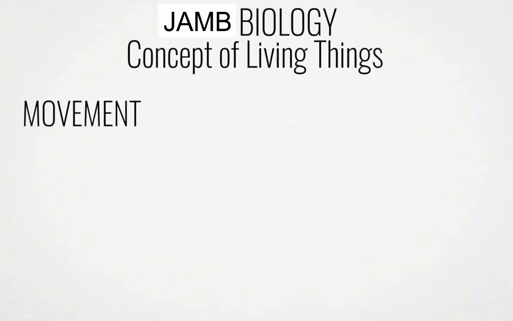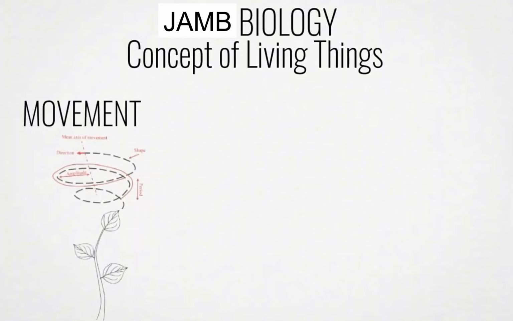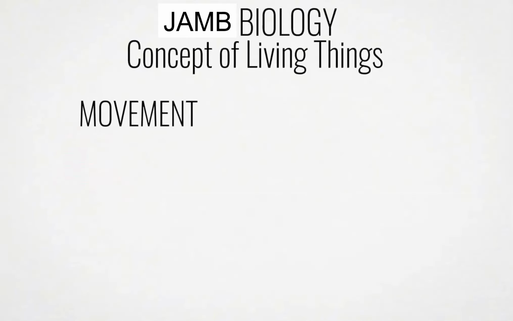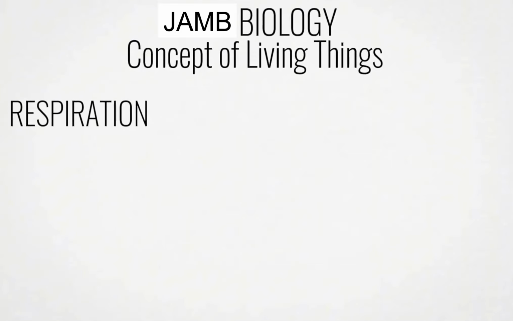Movement in living things can be in one of two forms: either movement of part of the body as seen in plants, or movement of the whole body from one position to another as seen in most animals. Let's also talk about respiration.